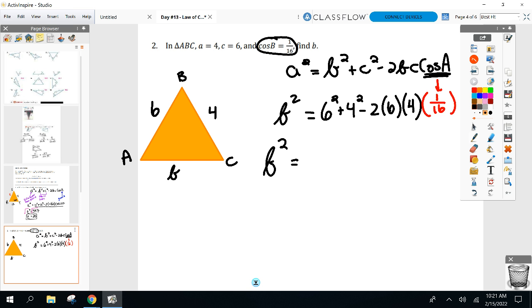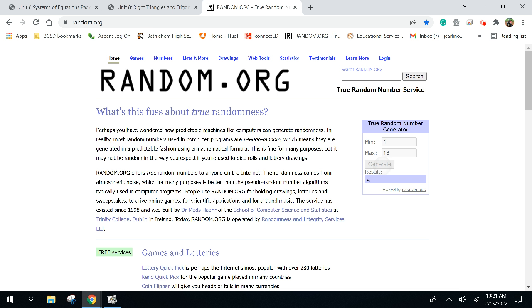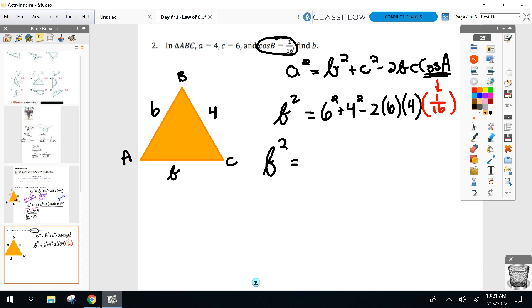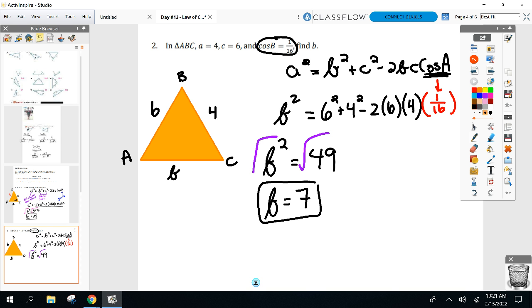What's b squared, the number in your calculator right now? 49. Good job, 49. Then go ahead, square root. Side b is 7.